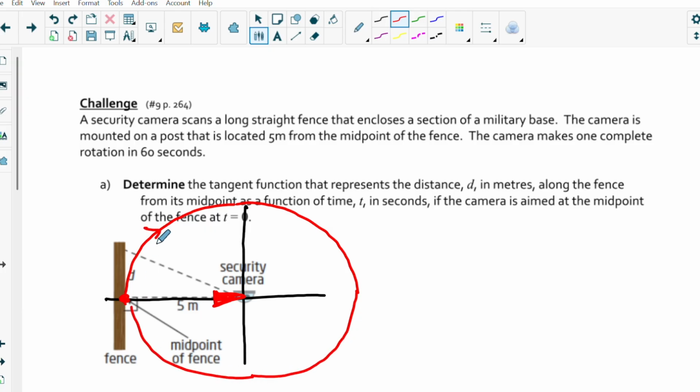This security camera is rotating at a constant rotational speed, and it is filming whatever's going on in this military base. So that's the physical reality. It says one complete cycle in 60 seconds.